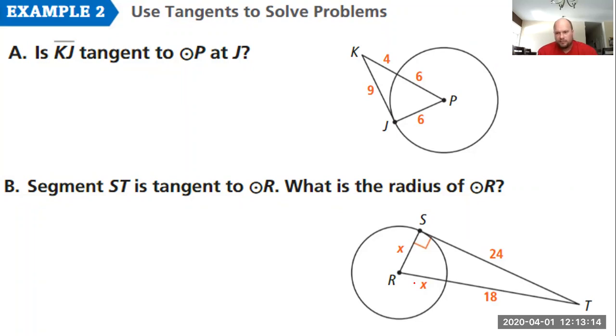Again, this is when you guys can unmute yourself. You can call things out if you think you know the answer, or write it in chat. What has to be true about that line KJ and PJ? Anybody know? They'd have to be perpendicular.